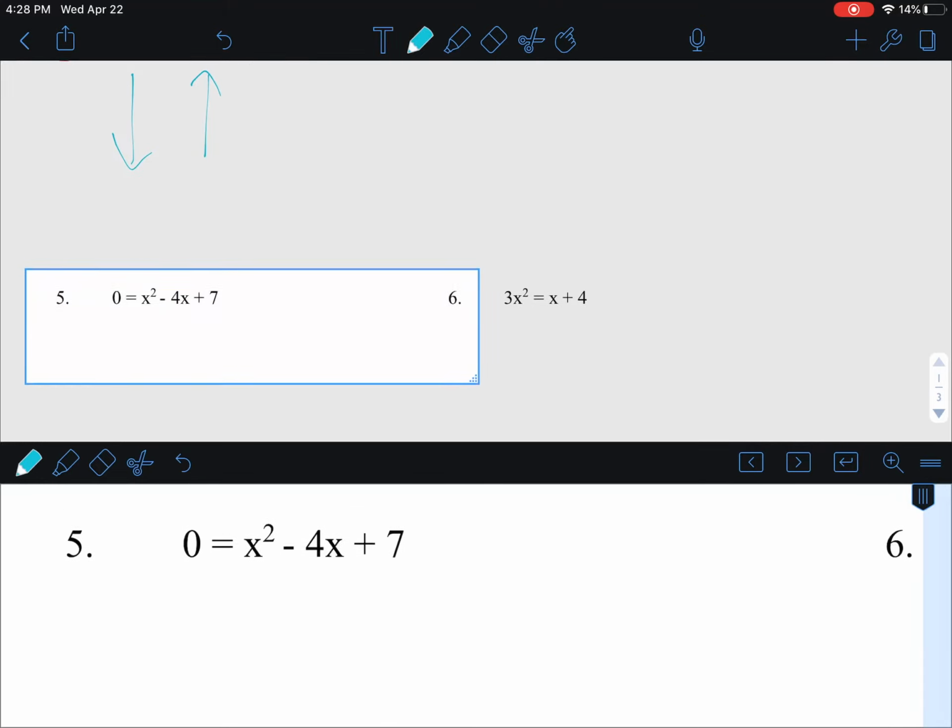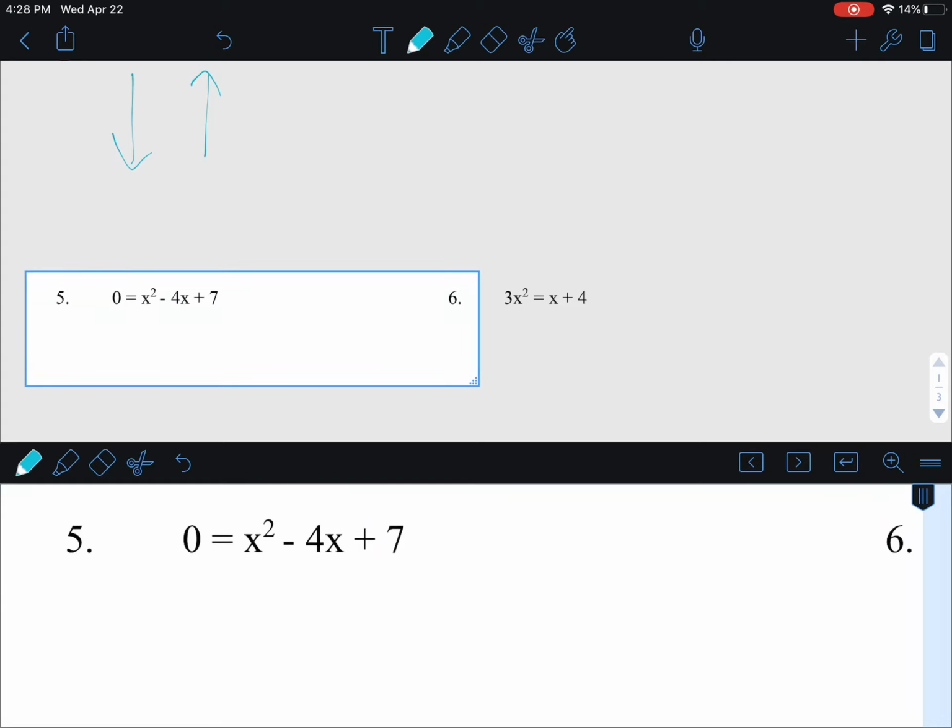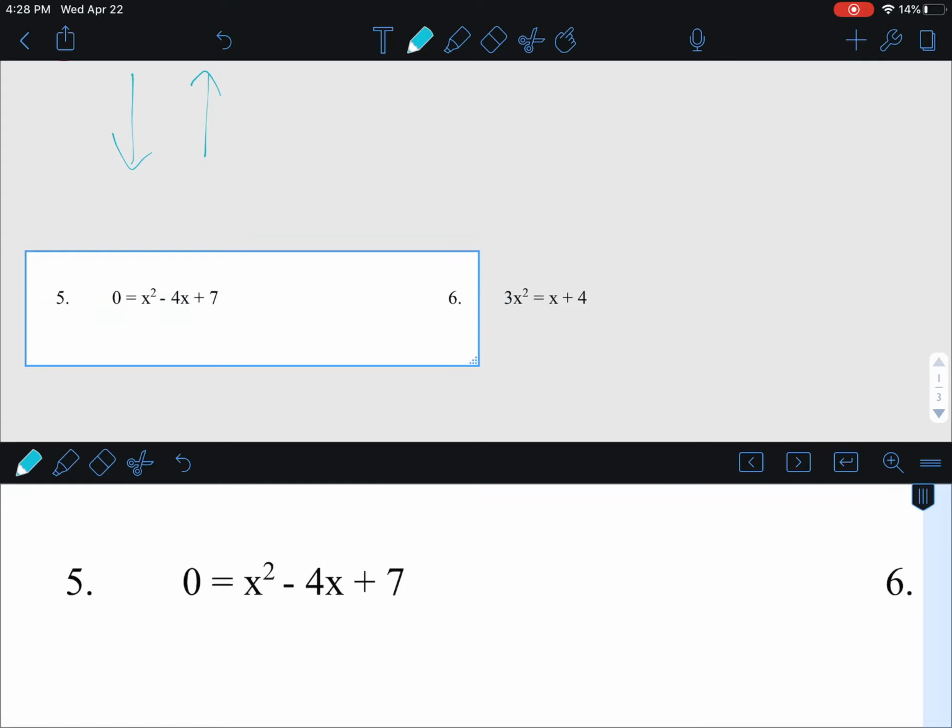All right. And number 5, if you look at number 5, it is in standard form. Now you cannot factor this because there are no numbers that multiply to 7 and add to negative 4.